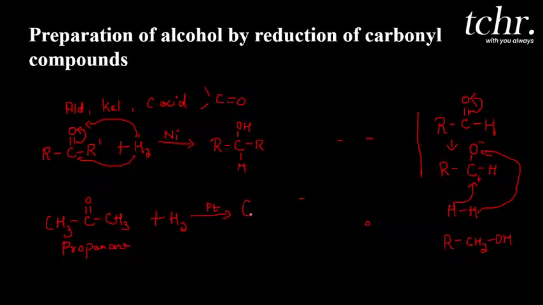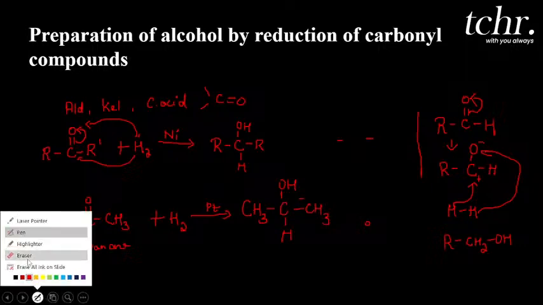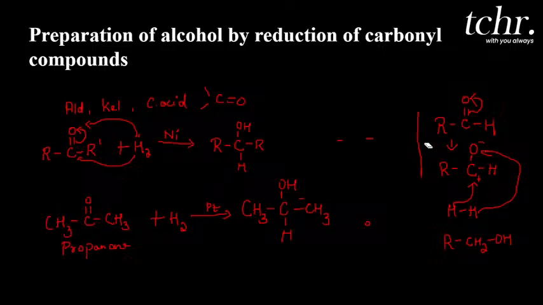Now what will be the product? CH3, add hydrogen to oxygen, it becomes OH. One more hydrogen here to the carbon, CH3. Now, what are you able to find, students? What is the compound that you have found? Can you tell me the name of the compound?